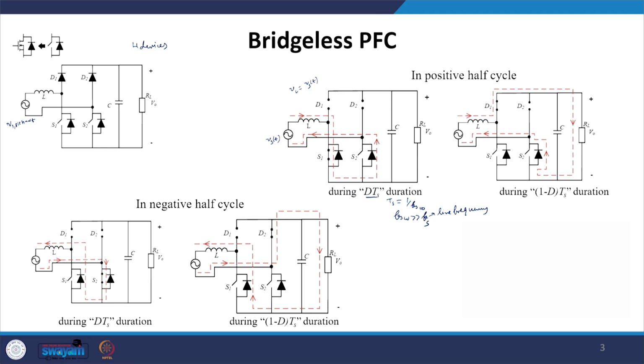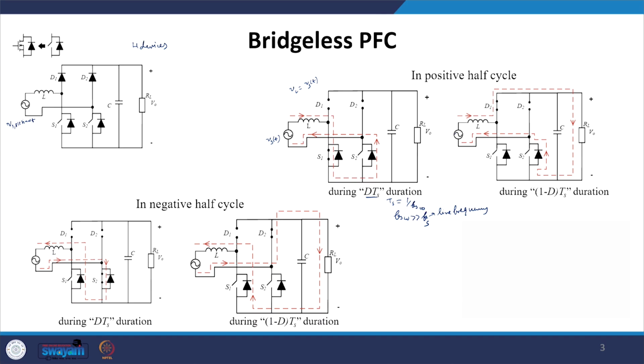Then in the 1 minus D Ts period, the moment the switch S1 is open, the inductor current which has developed has to find a pathway, as a result of which D1 gets forward biased, and the current will start flowing through the load, and then it comes back through the diode of the S2 switch, or you can say the body diode of the MOSFET, and comes back to the source.